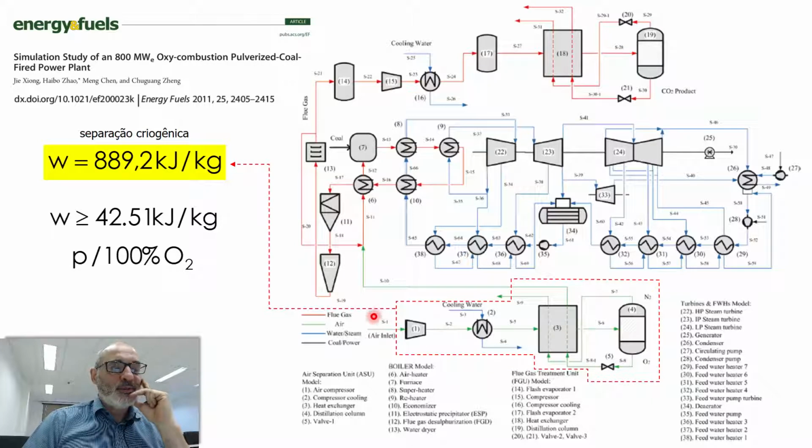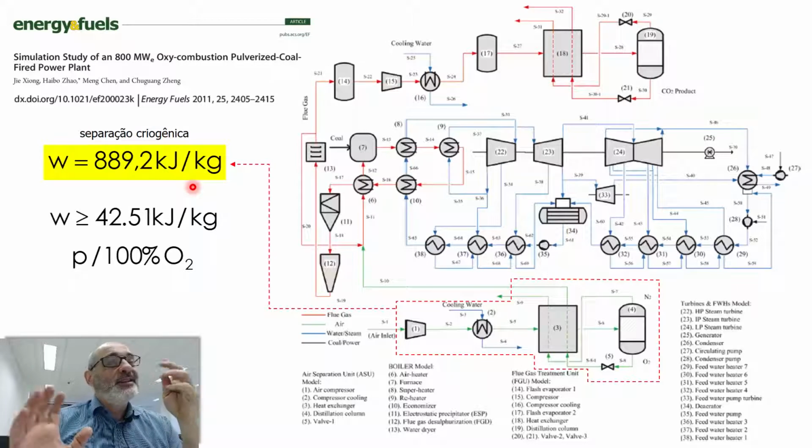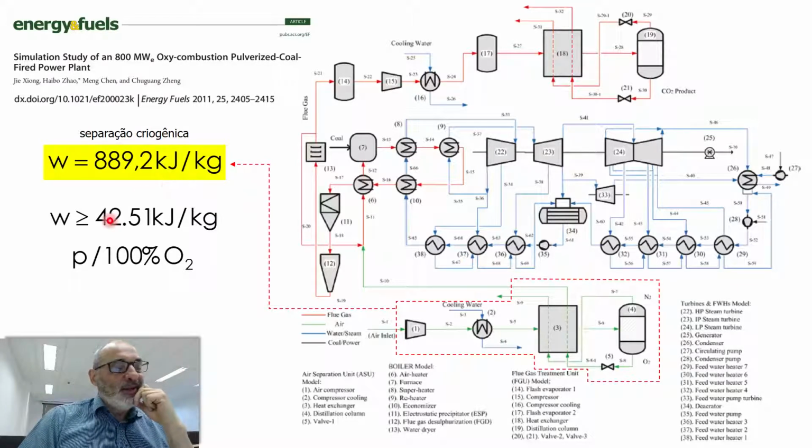This cryogenic separation process is actually consuming one order of magnitude higher, 889 kilojoules per kilogram. So that's the point. When I say that if the world was perfect, we would spend only 42. The world is not perfect, and we can consume 20 times more. And in this case it is actually a very good, high quality process.